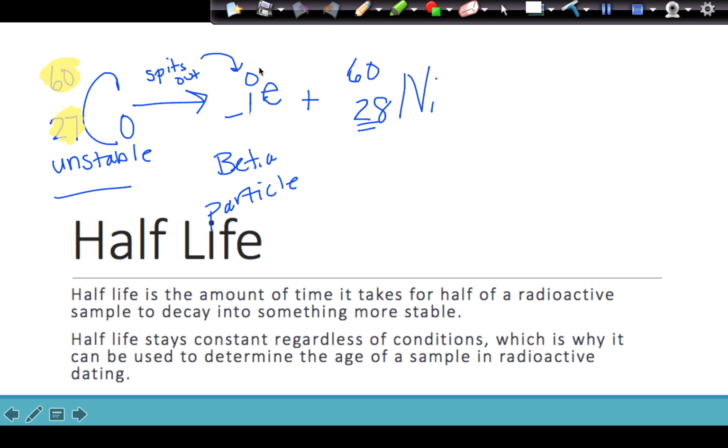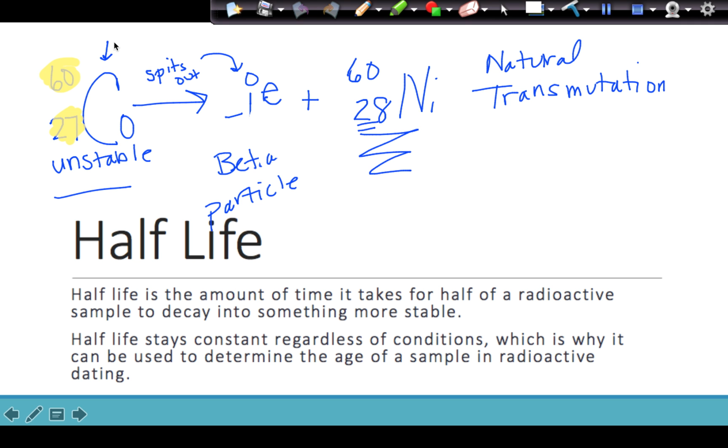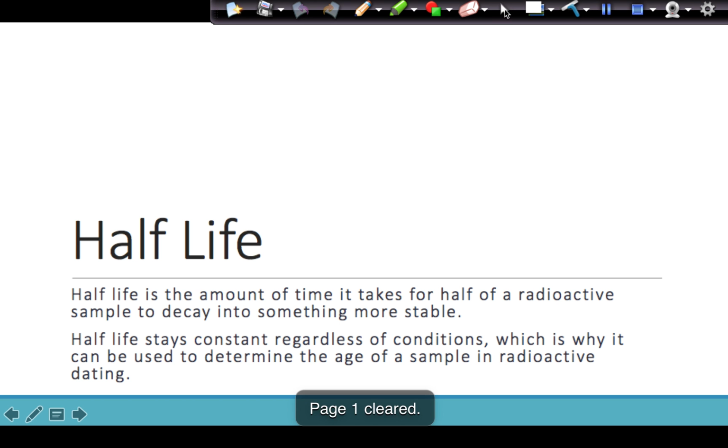And then after it gives that off, it turns into a nucleus of a new element. Because we have an atom of one element turning into an atom of a different element, this is also called transmutation. And because it happens spontaneously, on its own, where there is only one species before the arrow, we call this natural transmutation.